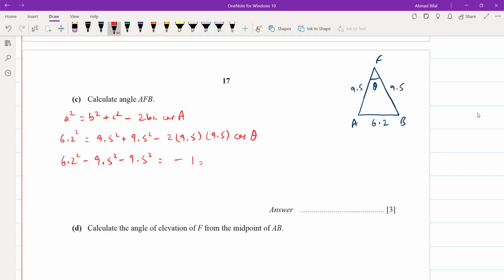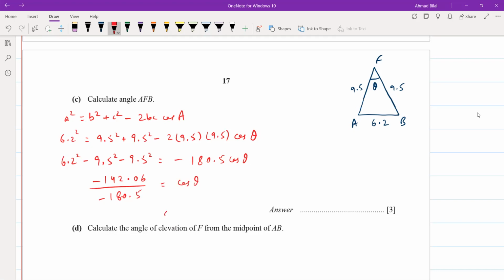So I'm getting minus 180.5 cos theta. ठीक है? अब लेफ्ट साइड पे क्या आता है? 6.2 का स्क्वायर minus 9.5 का स्क्वायर minus 9.5 square. That is minus 142.06. अब इसको जाके वहां पे डिवाइड कर देते हैं. Minus 180.5. This is equal to cos of theta.